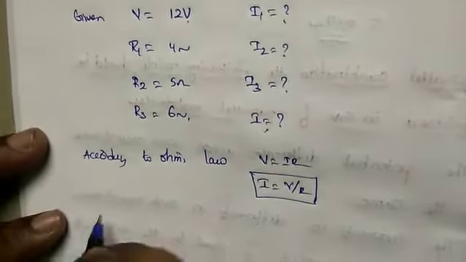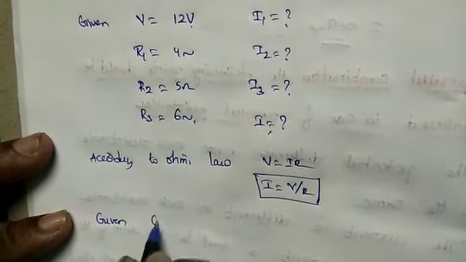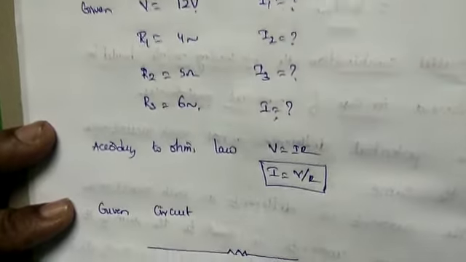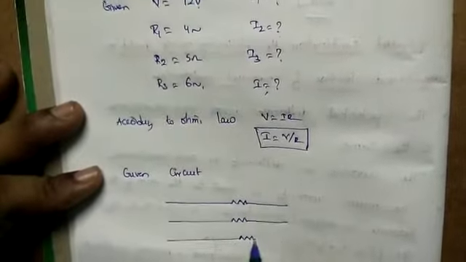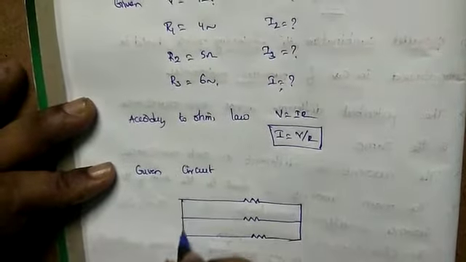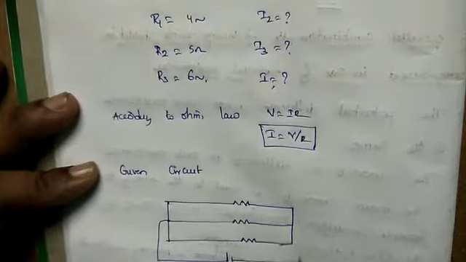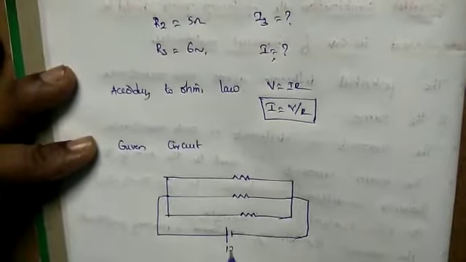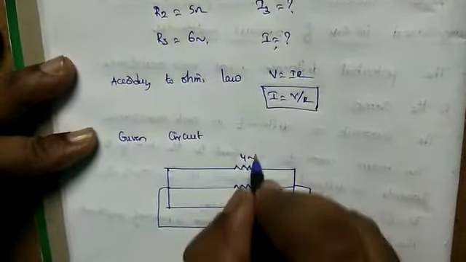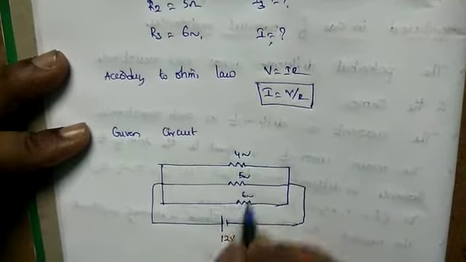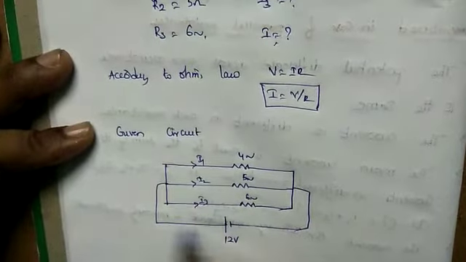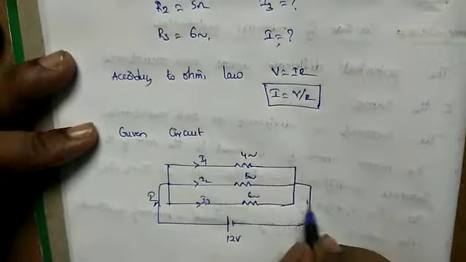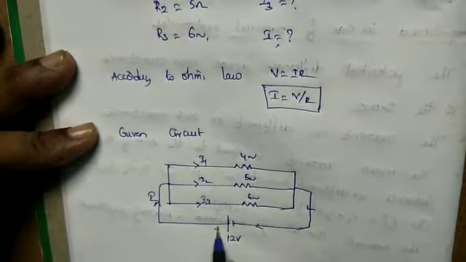Let's see the given circuit. 4 ohms, 5 ohms, 6 ohms. So I1, I2, I3, and this is I, like this, plus and minus.